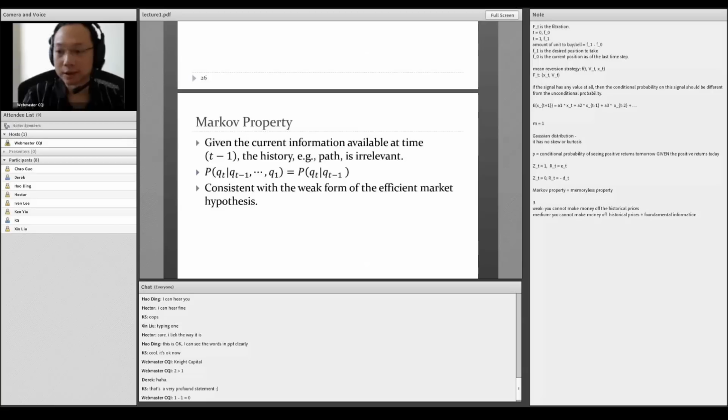And there's a very strong form that says you cannot make money off anything: historical prices, fundamental information, and also, say, insider information. You cannot make money off investment.